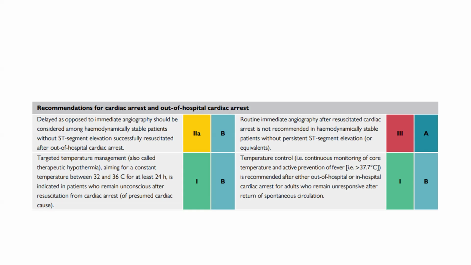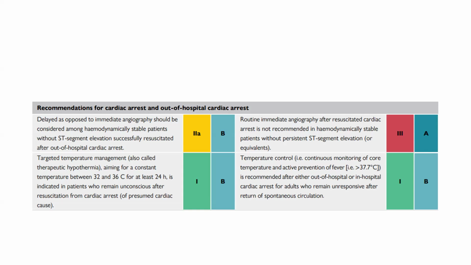Then in the 2020, targeted temperature management, TTM, which is done to help preserve neurological function, maintaining temperature between 32 to 36 for at least 24 hours, was indicated in patients who remain unconscious after resuscitation from cardiac arrest. Now, the temperature control in the 2023 says that continuous monitoring of core temperature is recommended, but they are recommending a cutoff of not greater than 37.7.